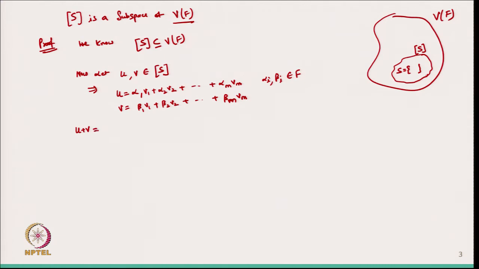So, u plus v, if I take the vector addition, then I can write this as alpha 1 plus beta 1 v 1, because I can add component wise. I can write this as alpha 2 plus beta 2 v 2, alpha m plus beta m v m.